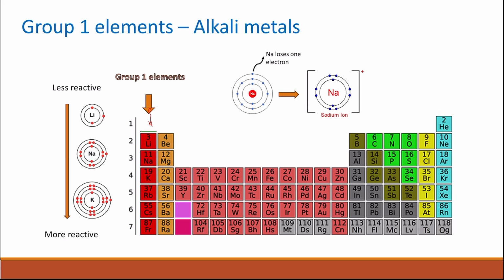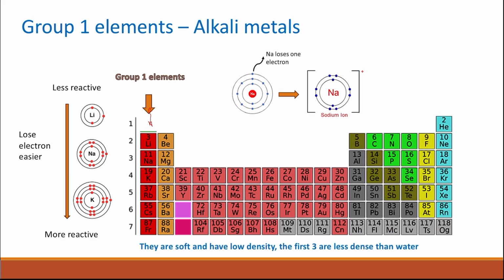So they will be less attracted to the positively charged nucleus, so they can be more easily lost. This is why they become more reactive, because reactivity is related to how easily the metal can lose the electron to give the 1+ ion.